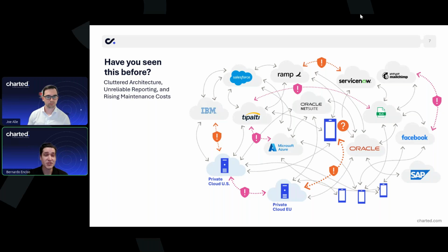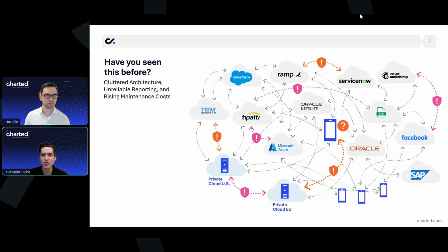But as companies evolve, as you go through your journey as an organization and some of your needs become more complex and more sophisticated, you can very easily fall into the trap of having something like what you see on the screen, which is a very cluttered system architecture. And just for the record, all the companies that you see here in the slide are very reputable companies. This is nothing against them.